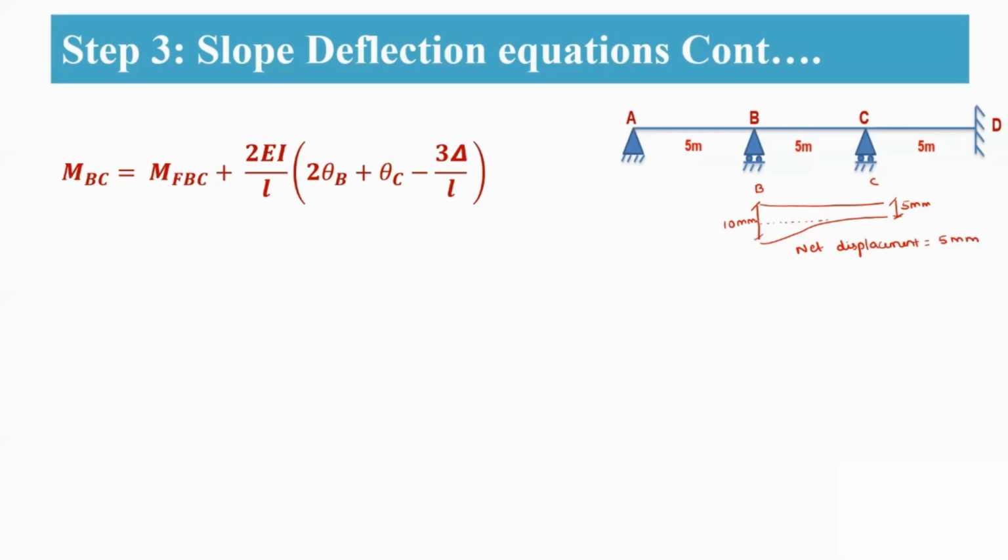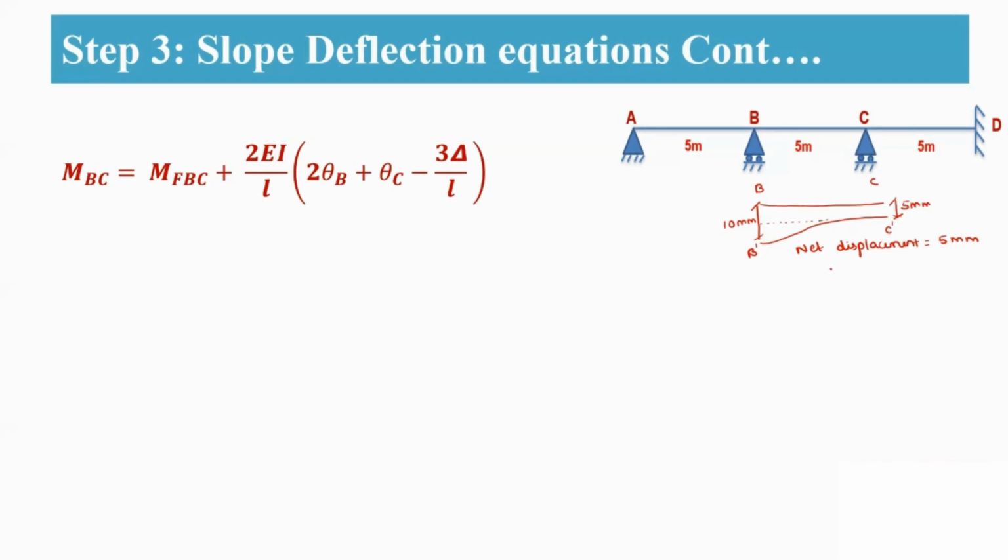That means B is shifting to B dash, whereas C is shifting to C dash. So both 5 mm will be common. The extra settlement that is taken over at B is 5 mm.